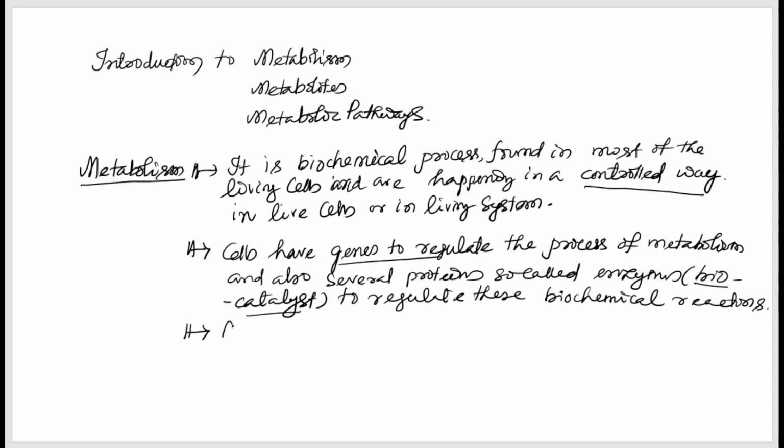There are several requirements which are essential for the conduction of different metabolic processes inside the cell or living system. So what are the requirements? First requirement is a reactant.